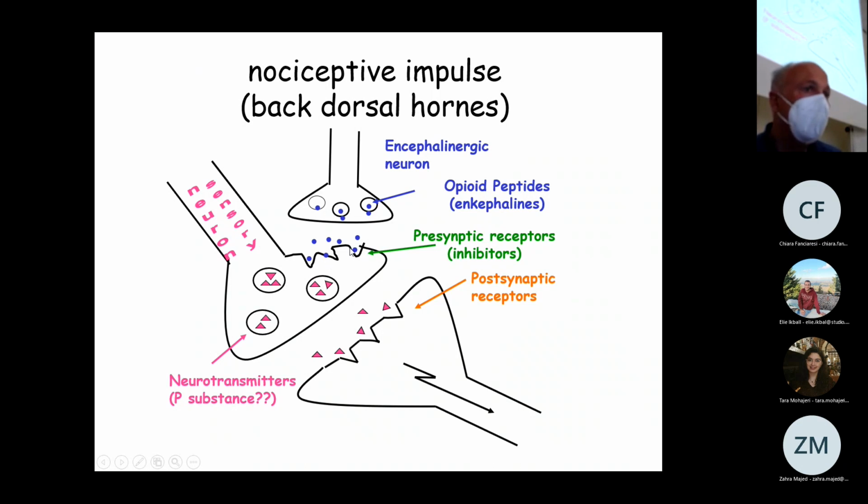These enkephalins can stabilize the presynaptic neuron in order to block the release of substance P in the main synapses.